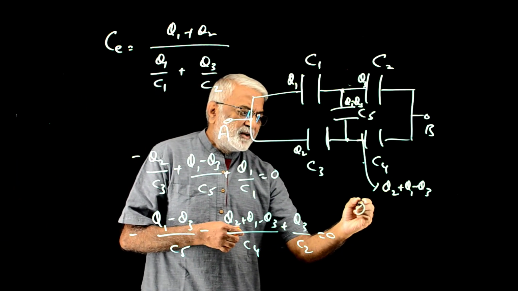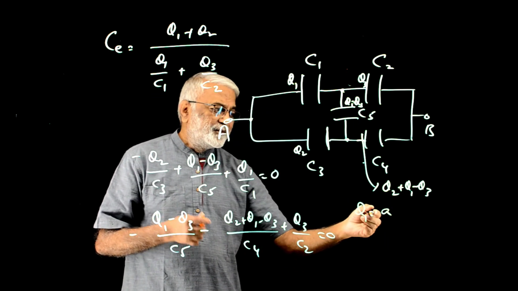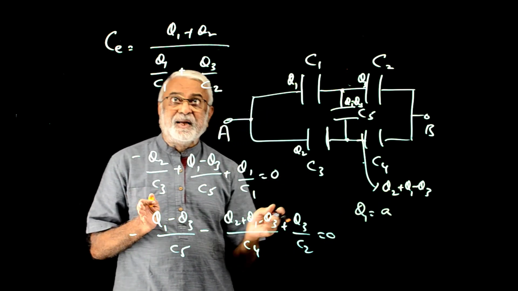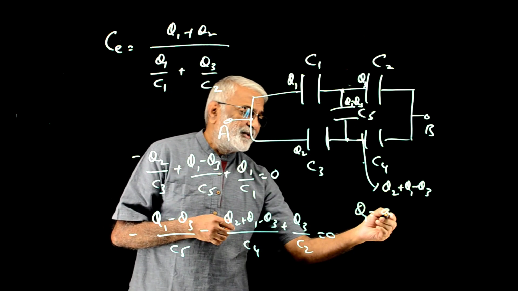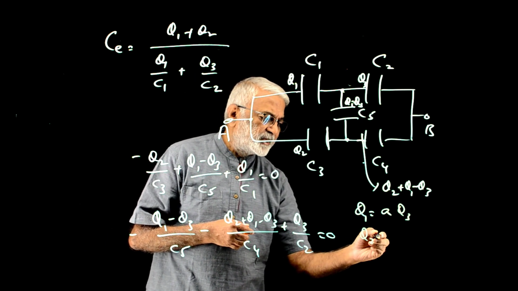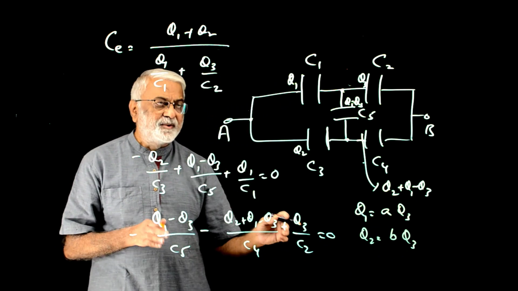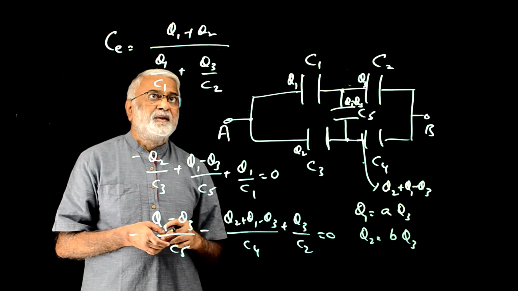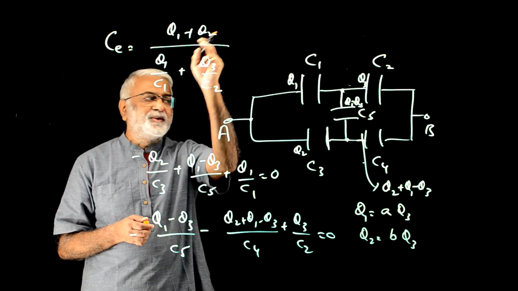So you will solve, and this will be some A times, say, all those A times, you will get that in terms of Q3. Similarly, Q2, you will solve for B times Q3. So solve for Q1 and Q2 in terms of Q3 and substitute here for Q1 and Q2.